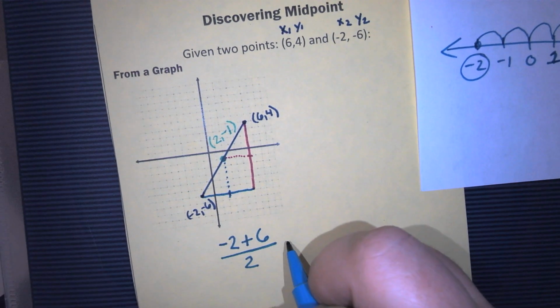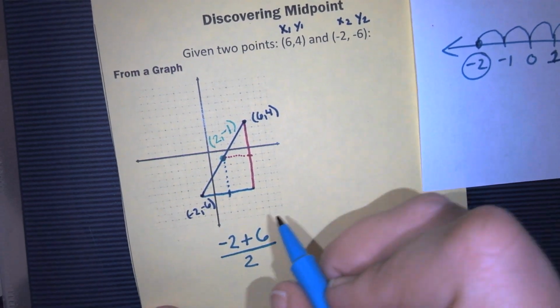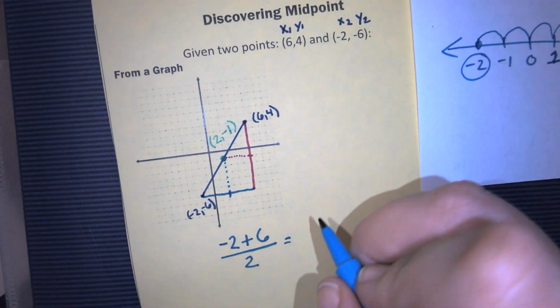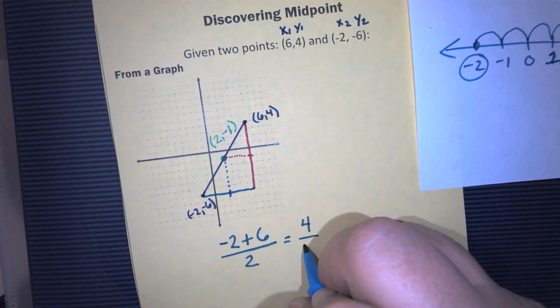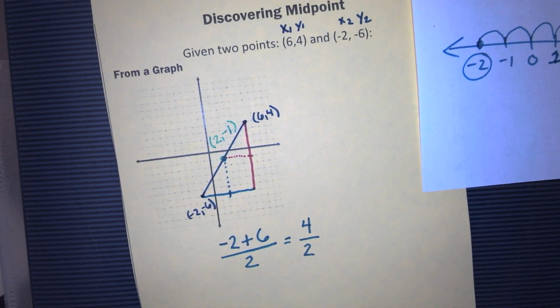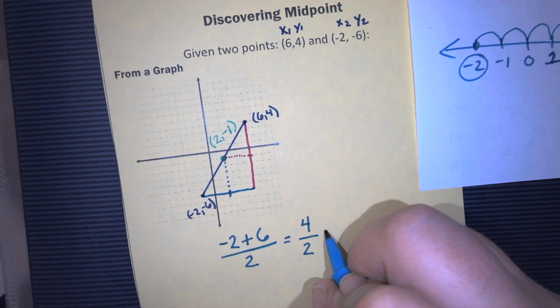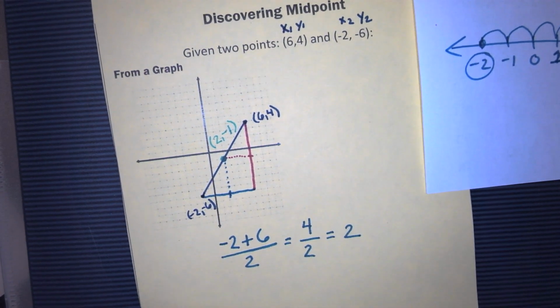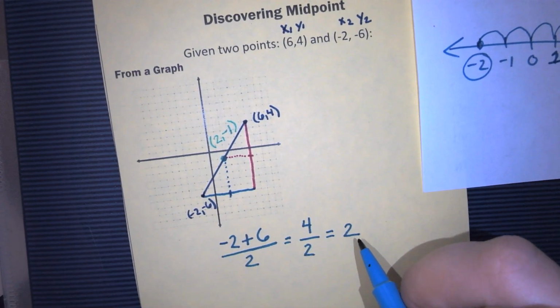If I do that, I have negative 2 plus 6, which is 4, divided by 2. 4 divided by 2 is 2. So the x coordinate of my midpoint is 2.